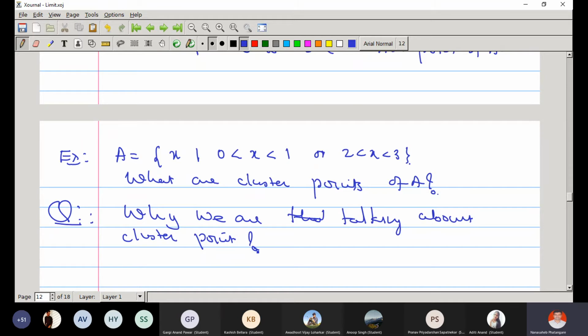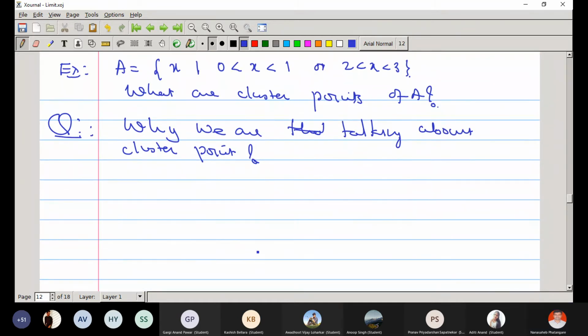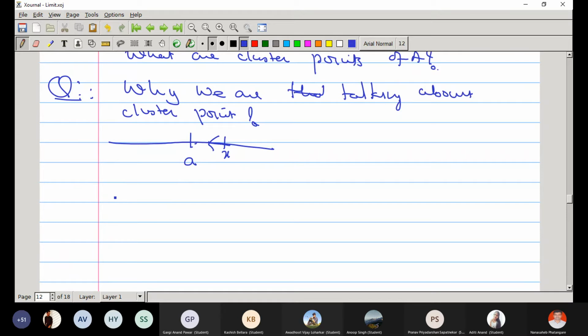So why are we talking about cluster points? The reason is, when we talk about the limit of a function at a point A, then as x approaches A, f of x approaches some number L, but what is the guarantee that we can approach A? Suppose A is a subset of R and f from A to R is a function.